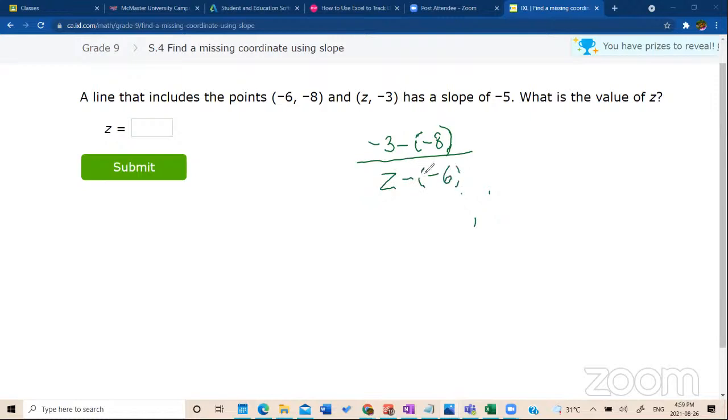Negative 3 minus negative 8 is going to be 5. We are going to write that m is equal to negative 5. Then Z is going to be 5 divided by negative 6.